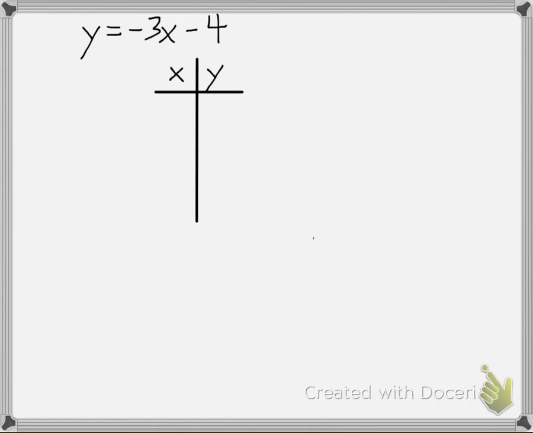Anything. Your x can be 7 million if you wanted to. It can be -3. It can be 2.75. It can be 21. However, while it can be anything, keep in mind that you are going to be graphing this.